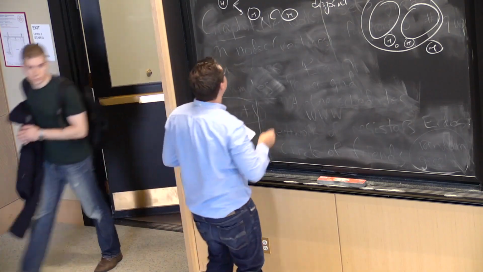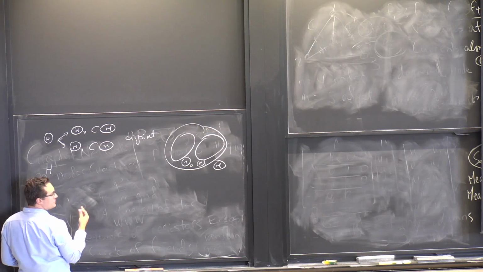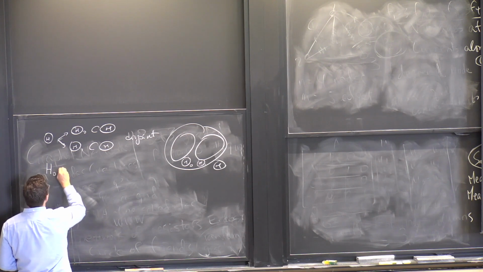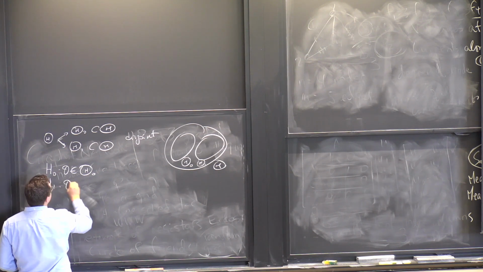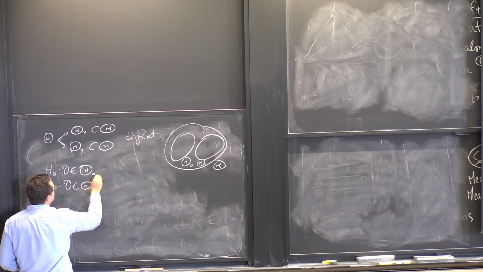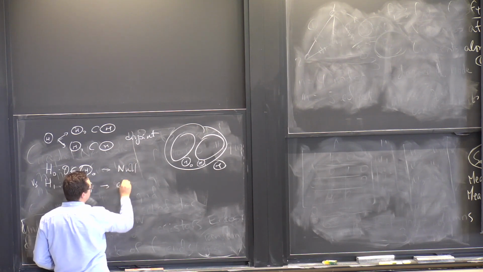And so we have two hypotheses. Here's our hypothesis testing problem: H0, theta belongs to theta 0, versus H1, theta belongs to theta 1. This one was called the null, and this one the alternative.